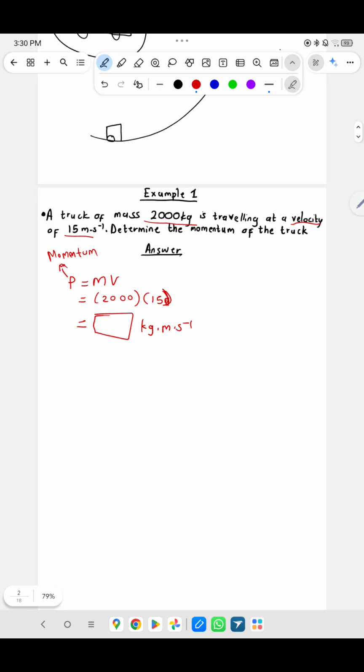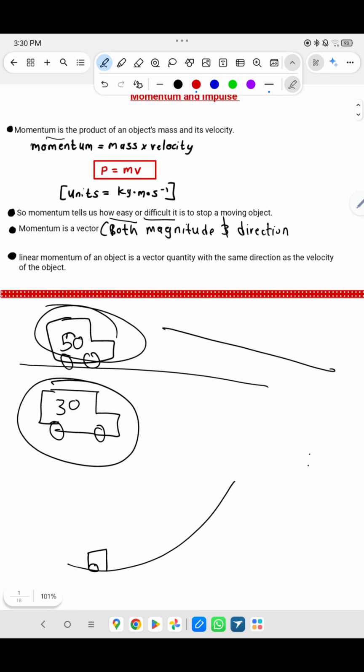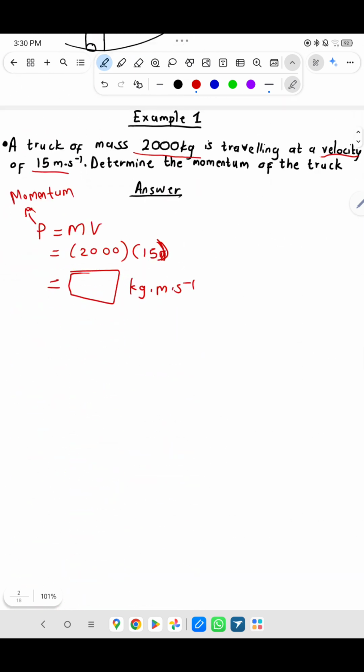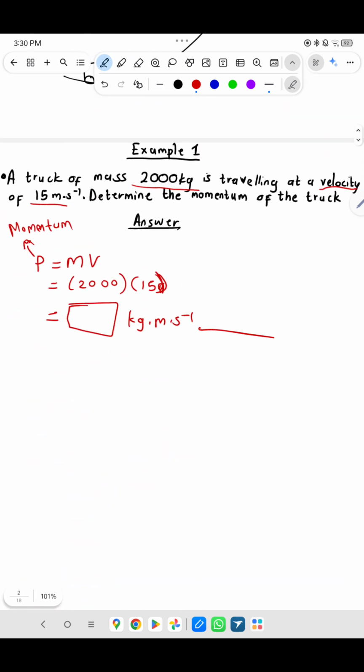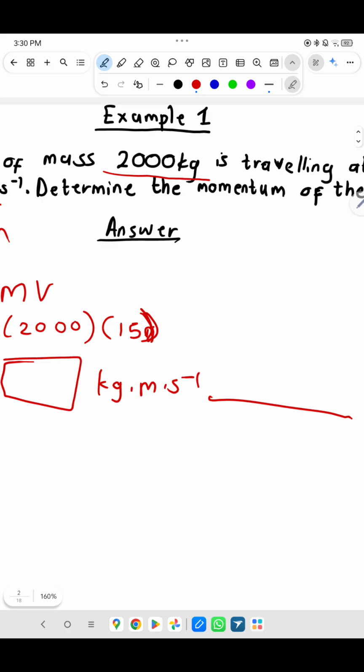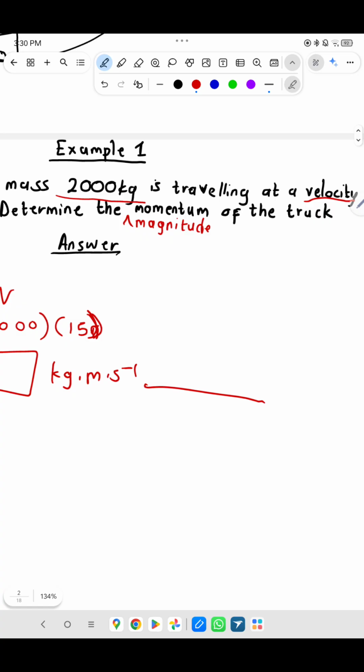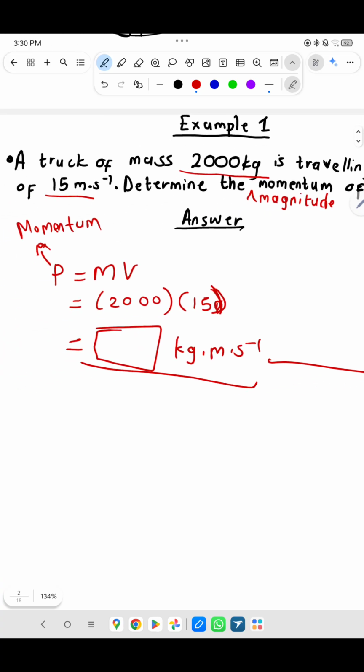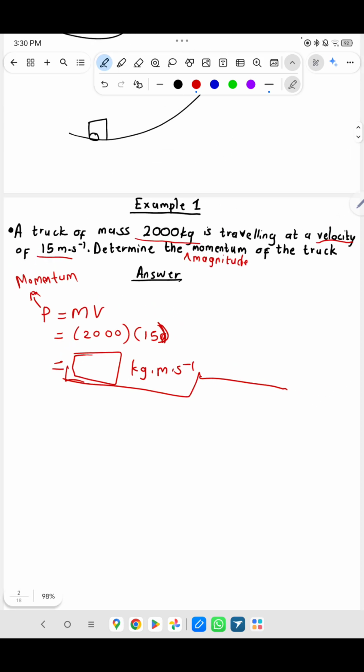And I said that momentum includes both magnitude and direction. So here we are supposed to have a direction, but since direction was not included in the statement, the question should actually be saying calculate the magnitude of the momentum of the truck. This part here is the magnitude, and what comes after the magnitude is the direction.